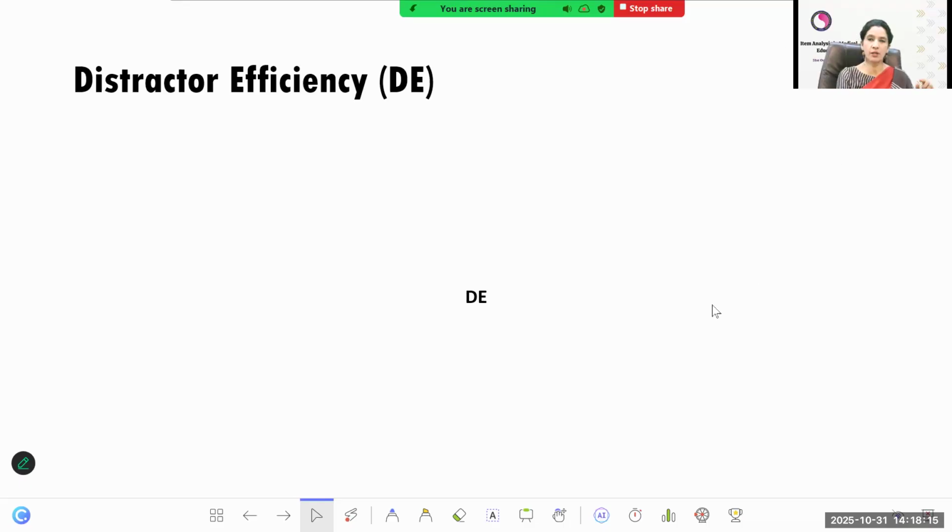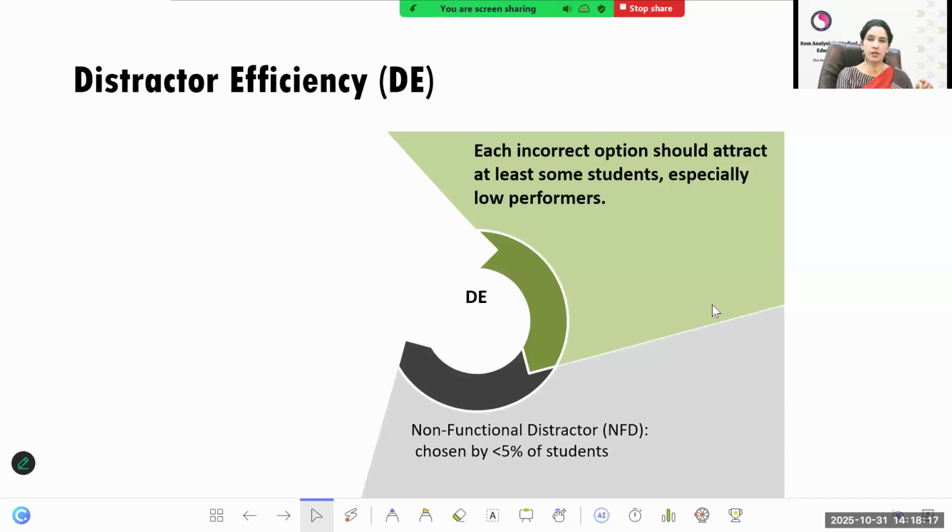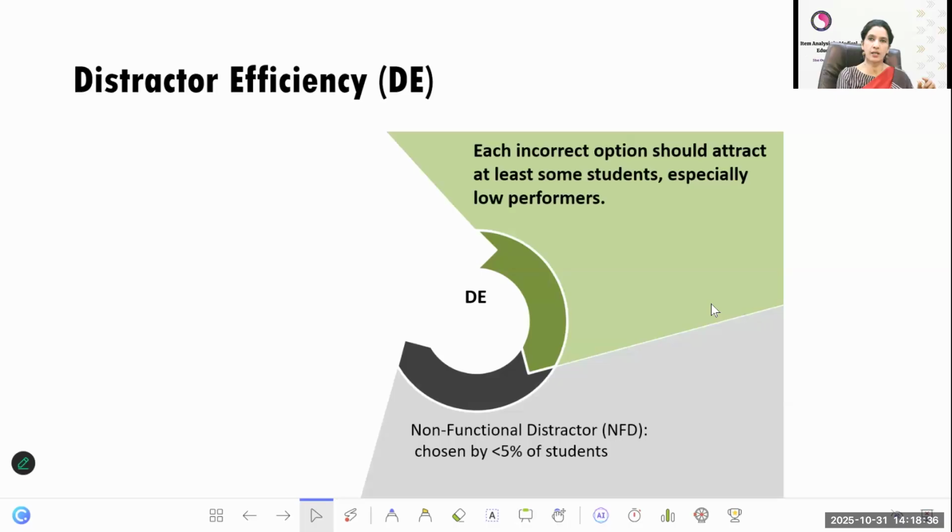Basically it sees that each incorrect option should attract at least some of the students. That means if any distractor is not able to attract any of the students, that is a non-functional distractor. And we have defined this non-functional distractor: when it is chosen by less than 5% of the students, it is known as a non-functional distractor.